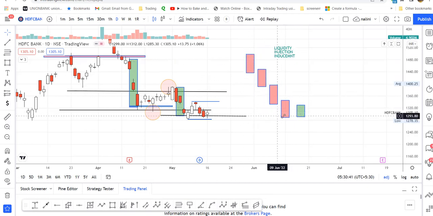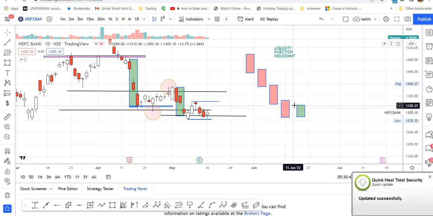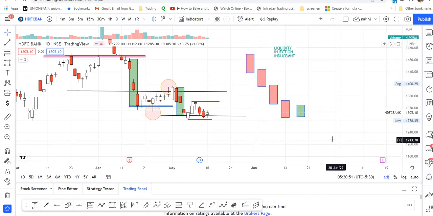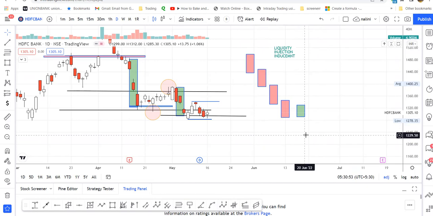See, after the fall, a green candle will come, and this is liquidity injection. And after the injection, the inducement will take place.